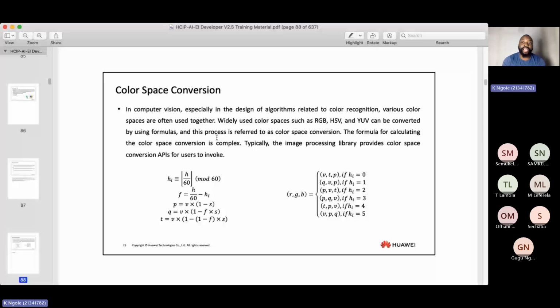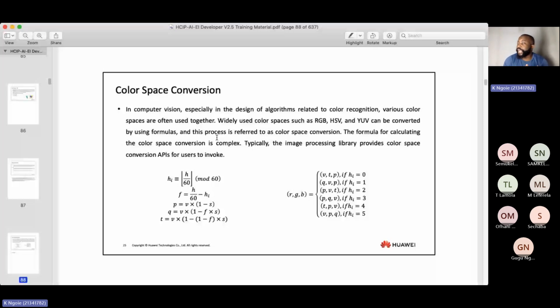So it's closer to human perception than the RGB, because remember, as humans, sometimes you look at something, despite the fact that the lighting in the room can be different, you still identify it as the same. If you're looking at something pink, even in a dark room with just a bit of light, you can still recognize it as pink.